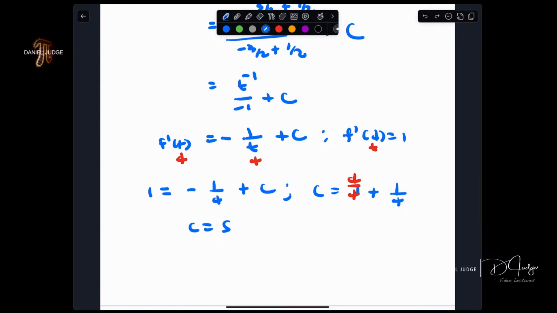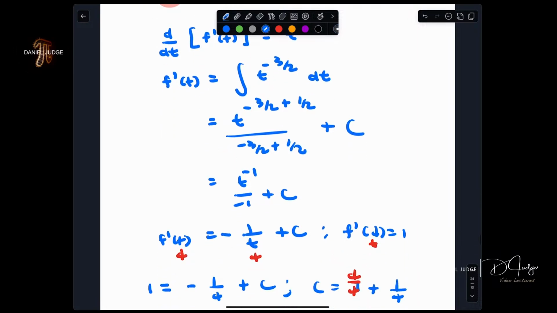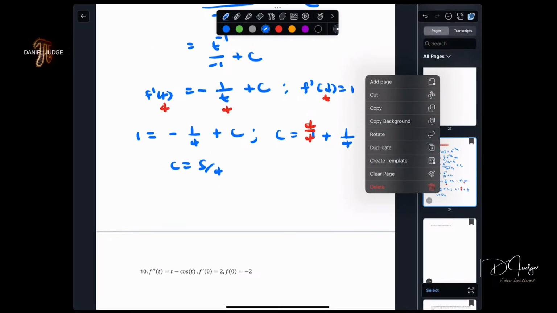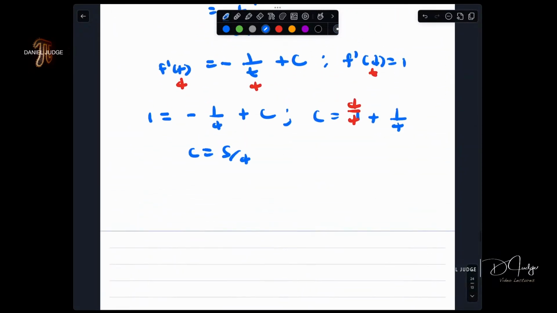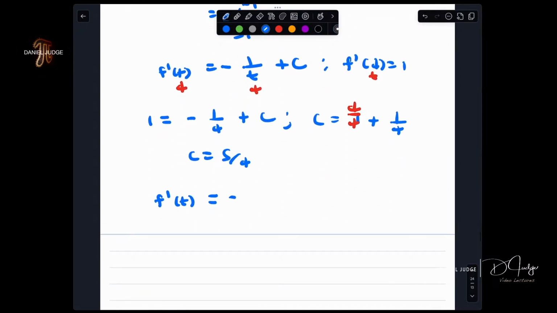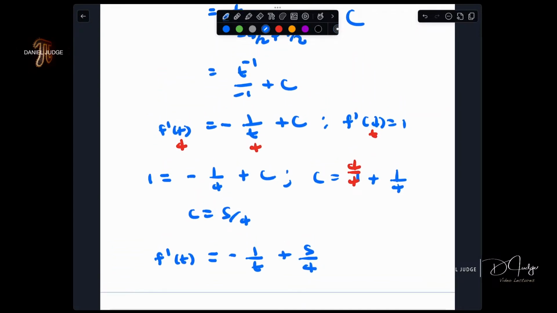And let me do that a little better. So f prime of t is negative 1 over t plus c, where c is 5/4. Okay.